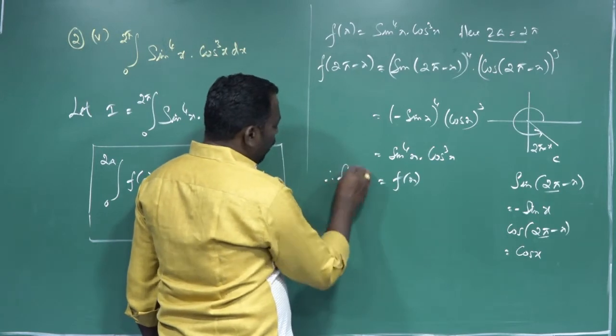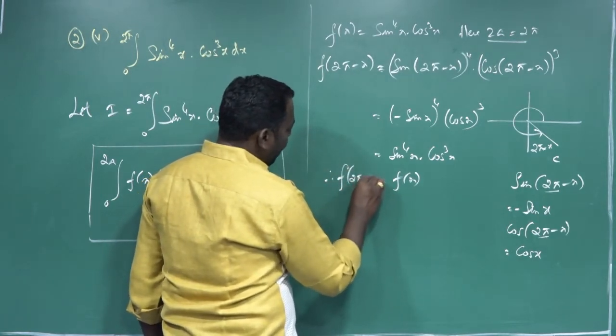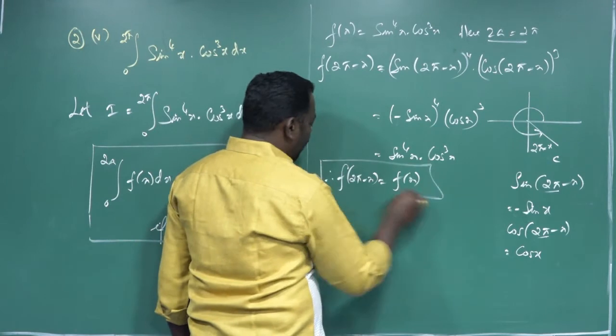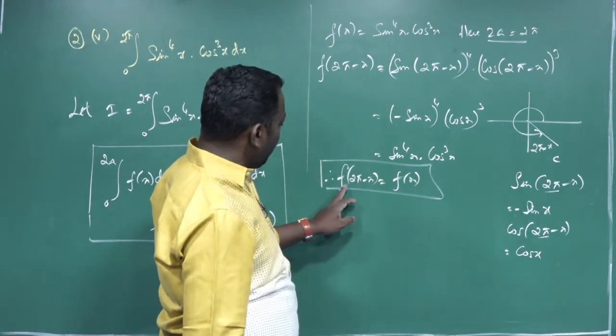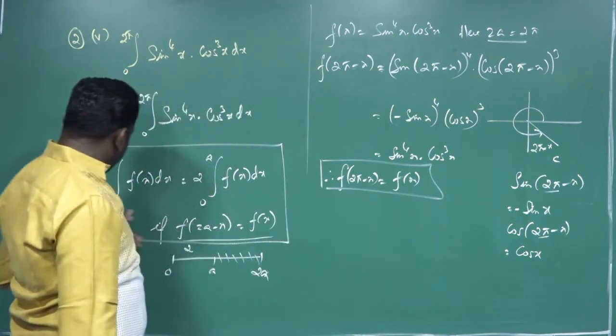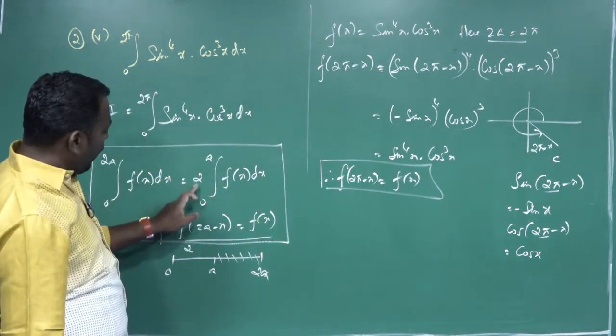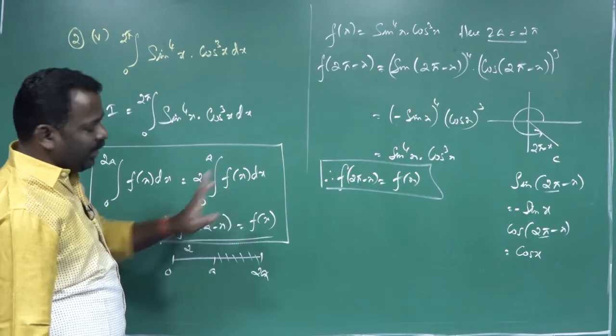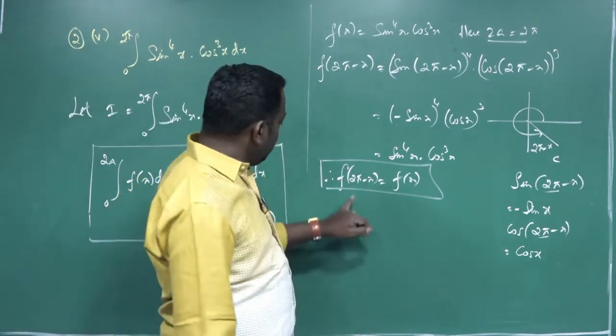Therefore f of 2 pi minus x equals f of x. It satisfies the condition f of 2a minus x equals f of x. Therefore we can write integral 0 to 2a as 2 times integral 0 to a of f of x. The condition is satisfied.